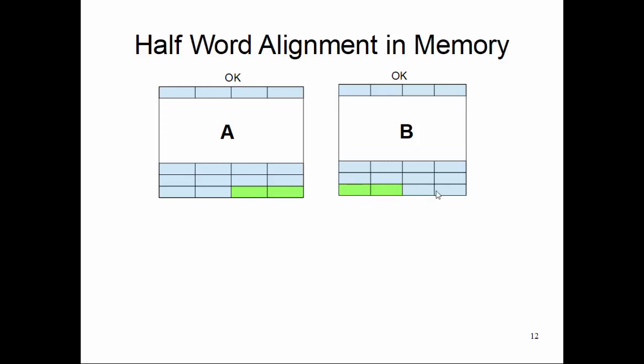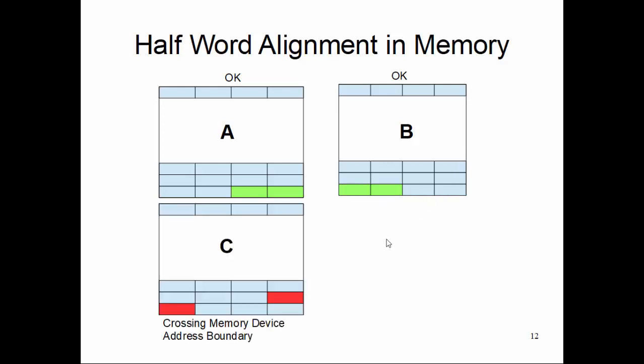Now if the address is 3, then what will happen? I need to access the MSB, the most significant byte of that address, and the LSB of the next address of the memory, not that address issued by the MIPS, but as a memory device address.